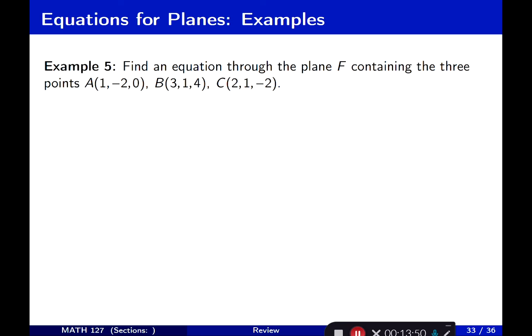So how do I deal with this? Then I need to have a point and a normal vector, right? And these are points on the plane, but I have 3 of them. I can form vectors on the plane. How do I get from vectors on the plane to a normal vector?